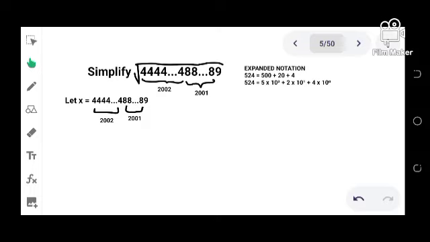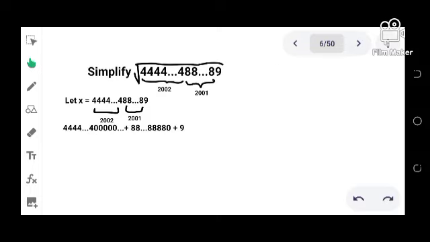Notice that we multiply each of the digits in the place value by a power of 10. This is because our numeration system is always base 10. Now, following the concept of expanded notation, the number here can be written as 444, then you have trailing zeros, plus 888, then you have 10 plus 9.